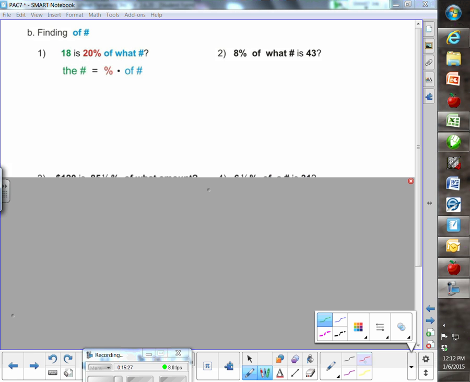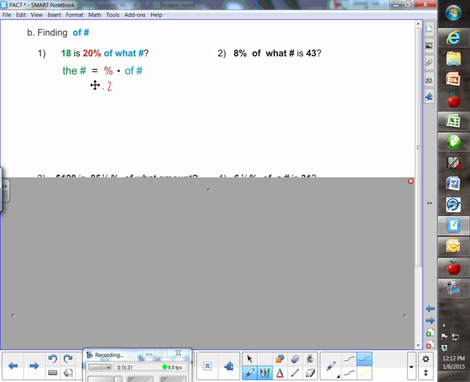The percent is obviously 0.2, right? Decimal form. Now the question asks, of what number? Isn't that clear? That's the of number. I like to use X for the of number. And therefore the 18 has got to be the number. 18 is 20% of what number?